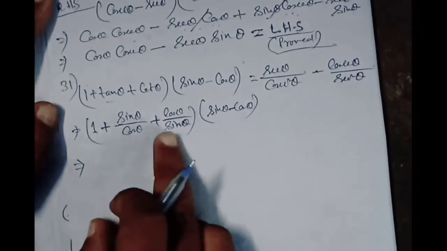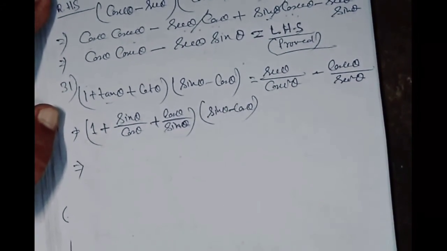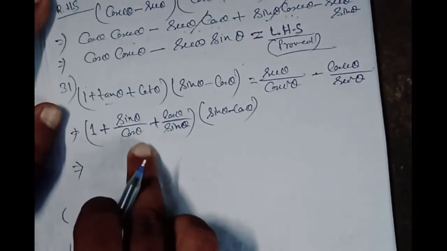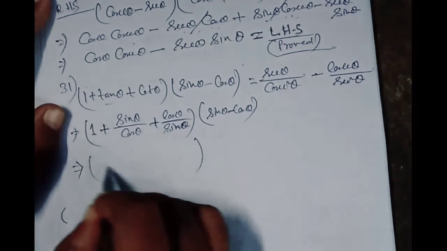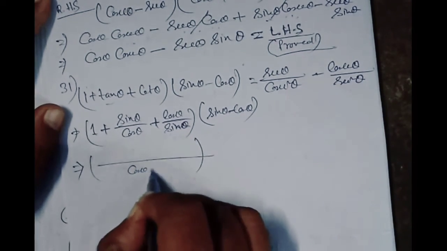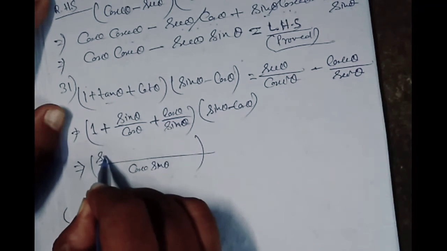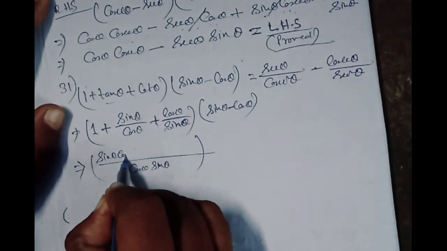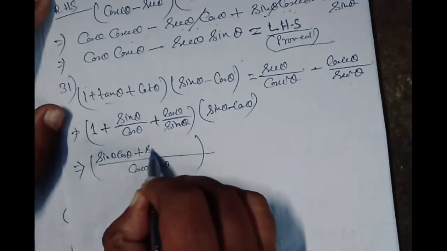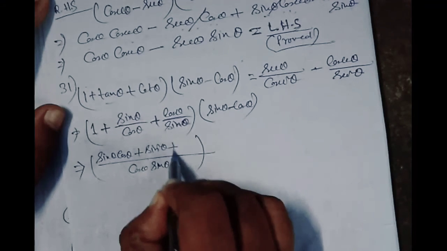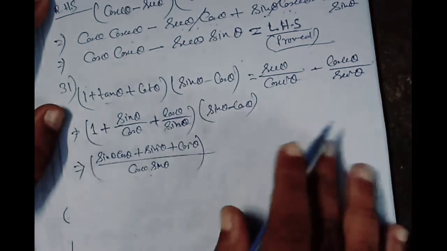So next step, we are going to solve this. This is equal to cos theta, sin theta, cos theta. This is sin theta cos theta plus sin square theta, this is equal to cos theta, taking sin theta cos theta as the LCM.